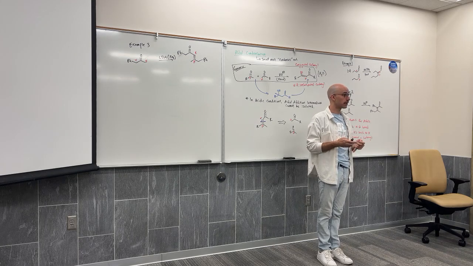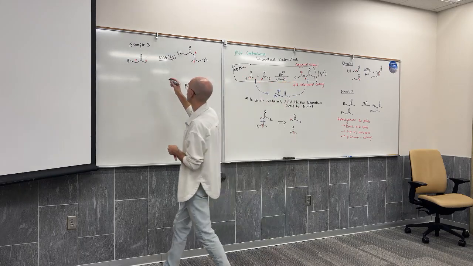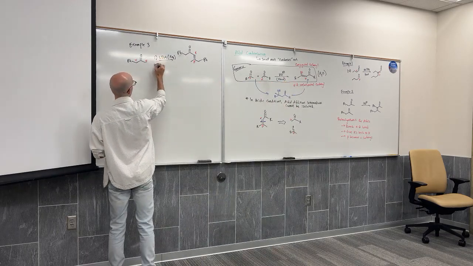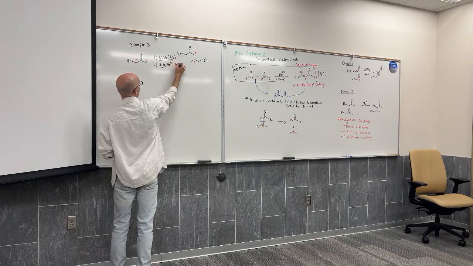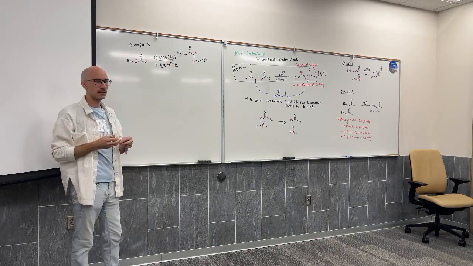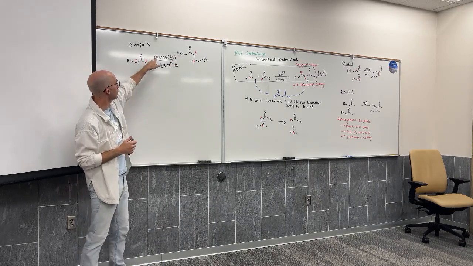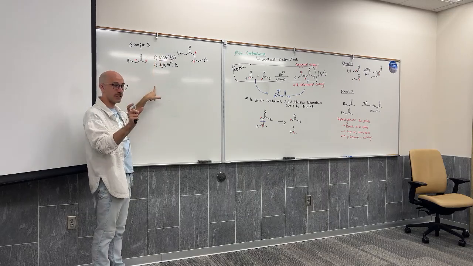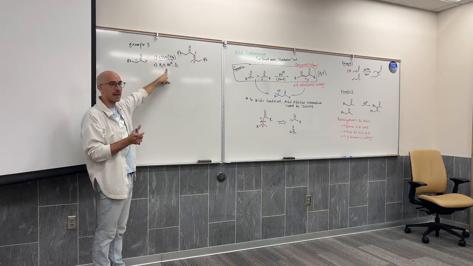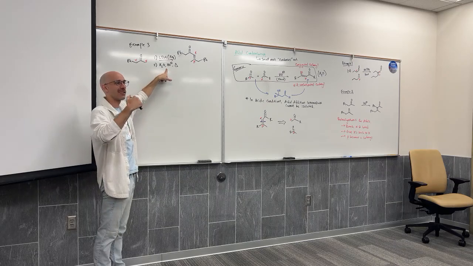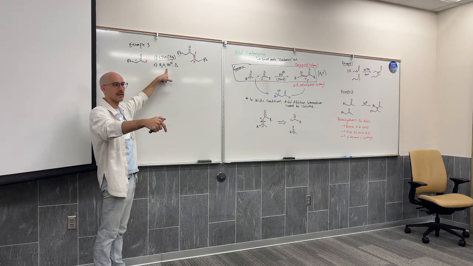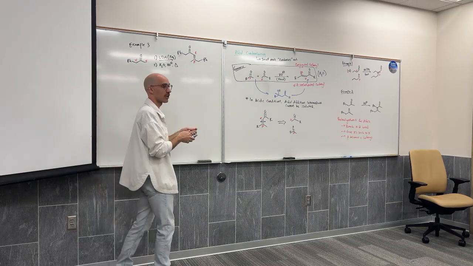What I could do here is follow LDA with water and base and heat, because LDA will give me the aldol addition product, and then by adding in base and heat, I can drive the aldol addition product down to the aldol condensation.